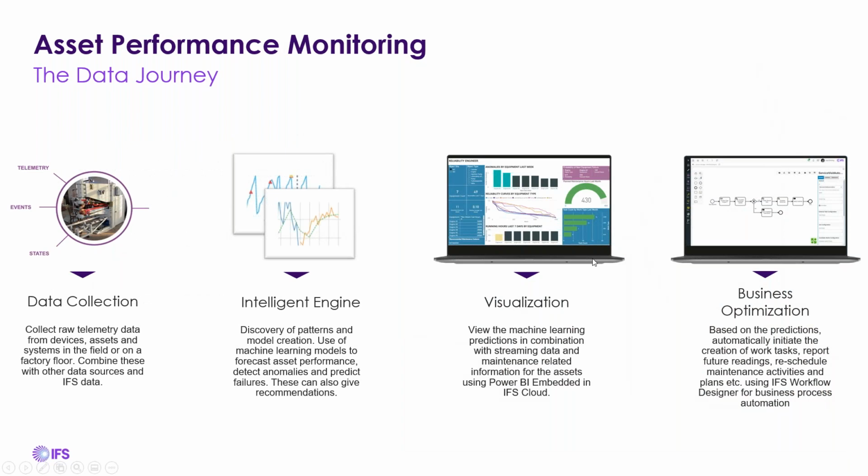As part of the data journey that we try to produce within IFS Cloud, we start off by looking at data collection. Where can we pull information so that we can start down this journey of predictive maintenance? We look at raw telemetry data that we could access through IoT tooling. Then we try to move towards an intelligent engine. It's trying to build the model that Justin alluded to earlier, so that we can determine forecast models or anomaly detection and the like.